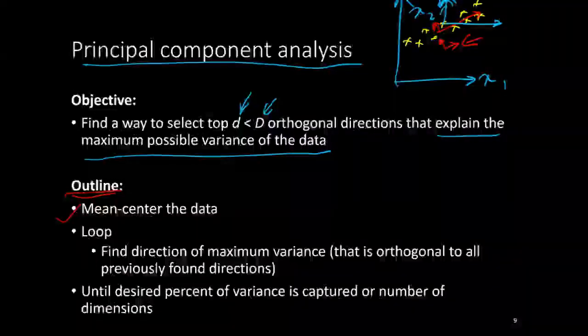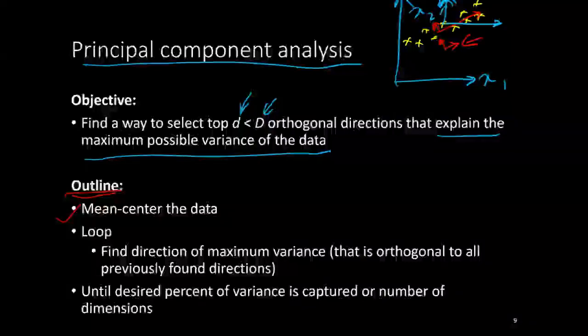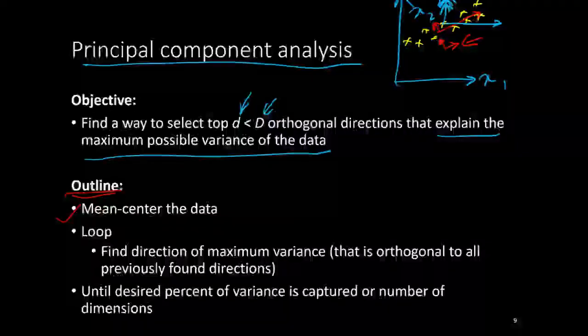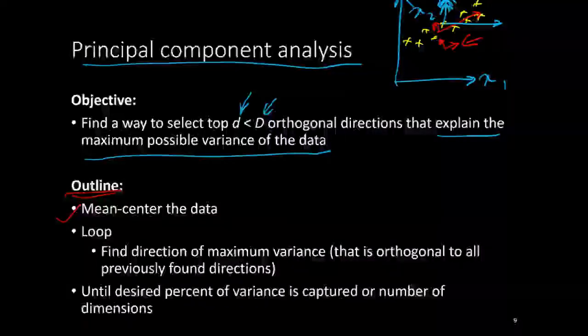Okay. So why do we want to do that? Because we want to deal with covariance matrices, which is where we will work from now on. So first do the mean centering of the data, and then we will go in a loop.